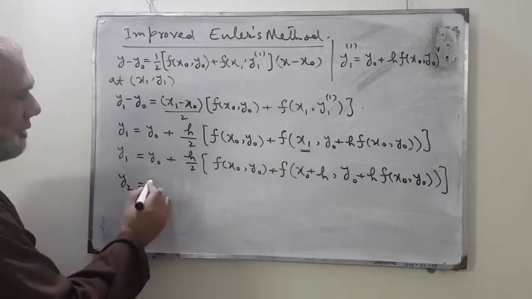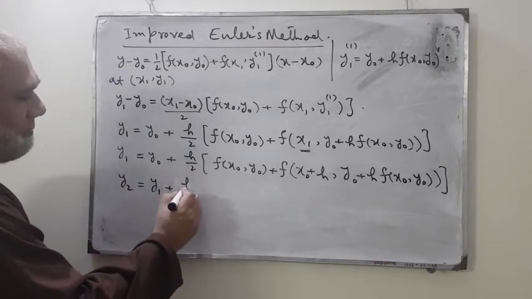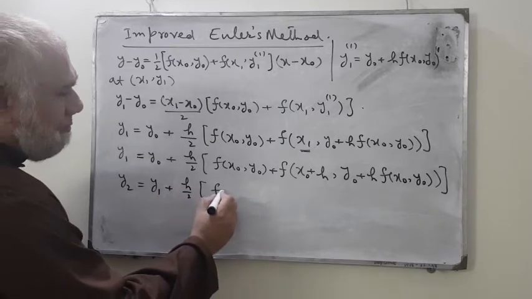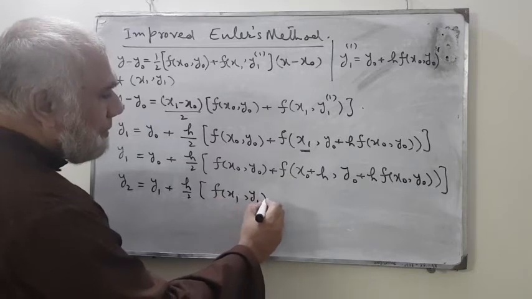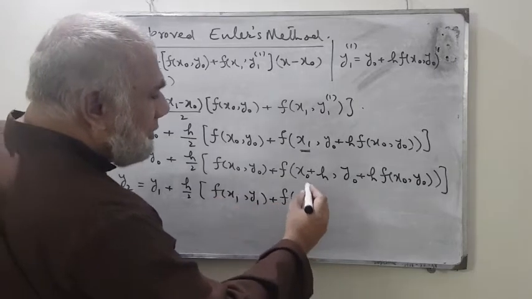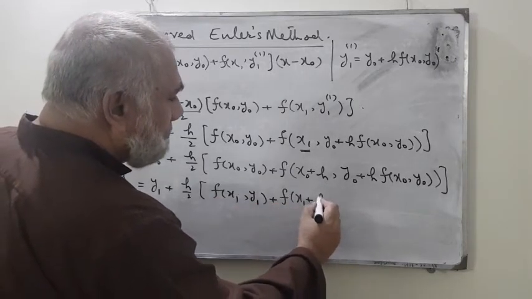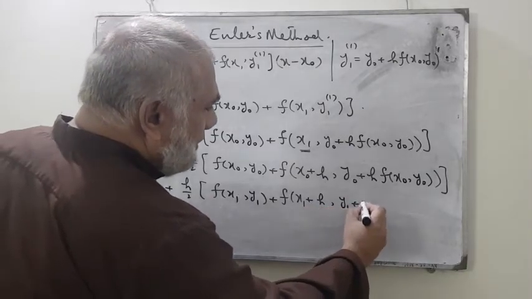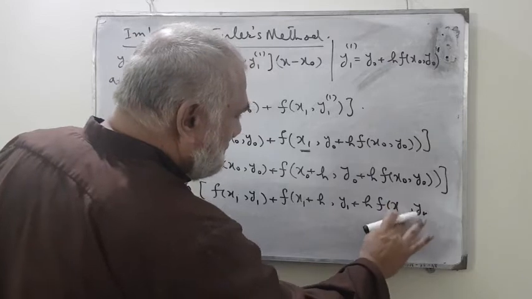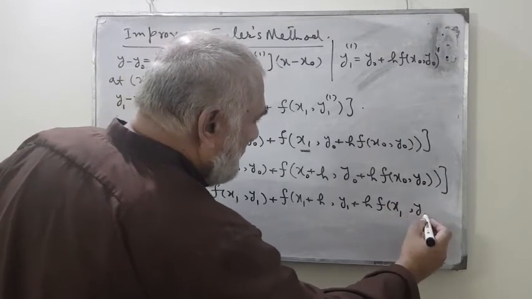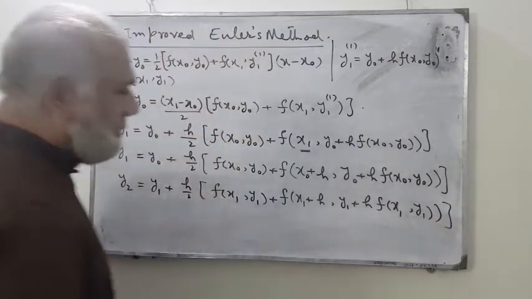So the change on the right side will be y1 plus h by 2 f of x0 y0 plus f of x1 plus h, y1 plus h times f of x1 y1.